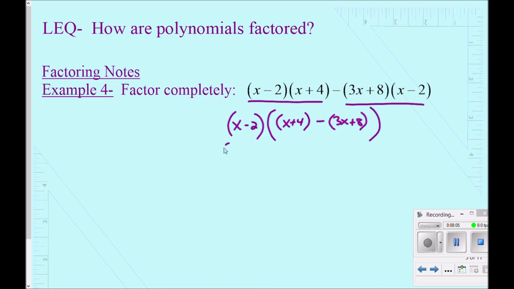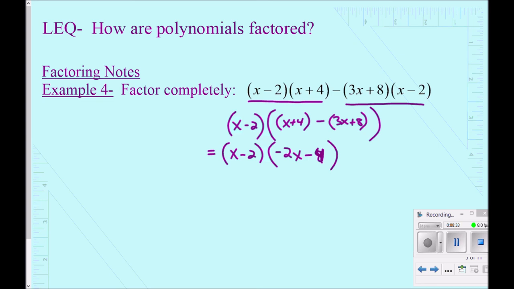So now I keep the x minus 2 and combine like terms inside the parentheses. x minus 3x gives me negative 2x, and 4 minus 8 gives me negative 4.